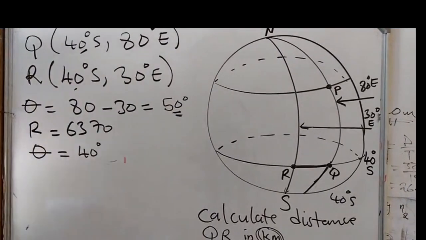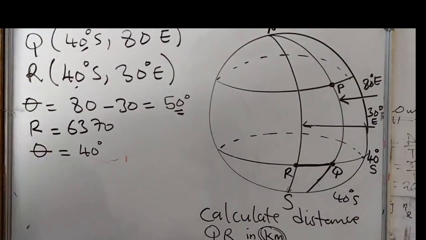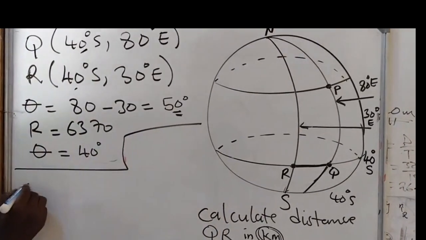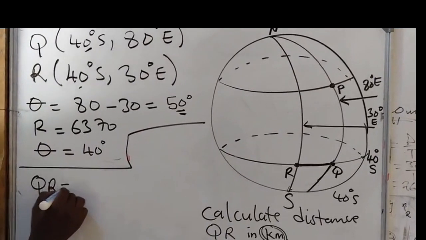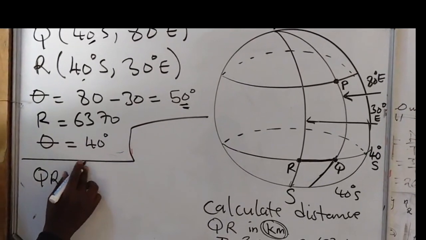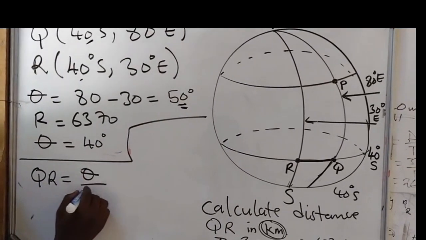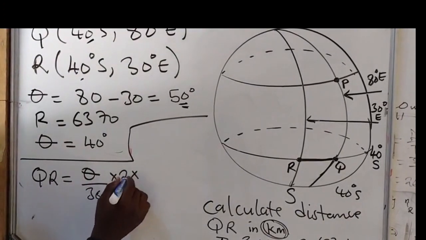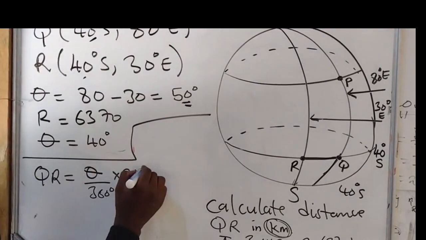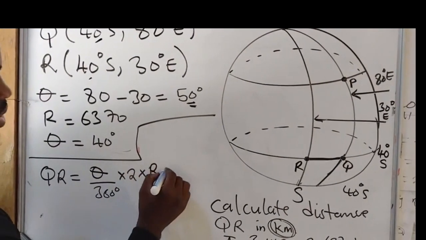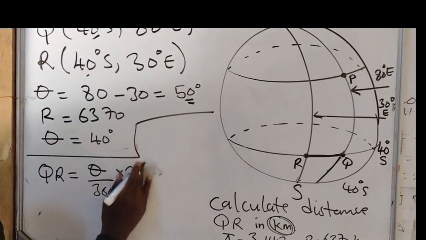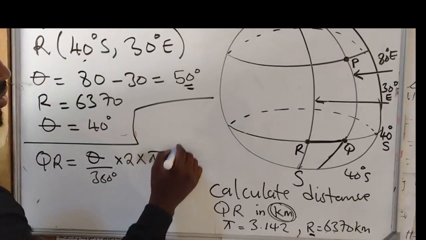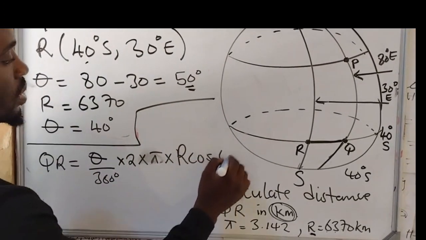Okay, so let's say we are calculating for QR. So QR is equal to theta over 360 degrees times 2 times pi times R cos theta.